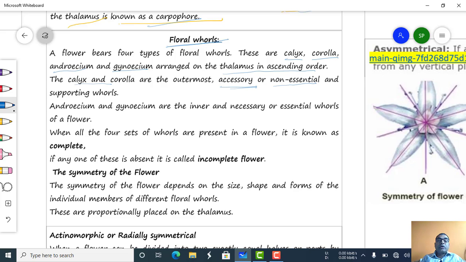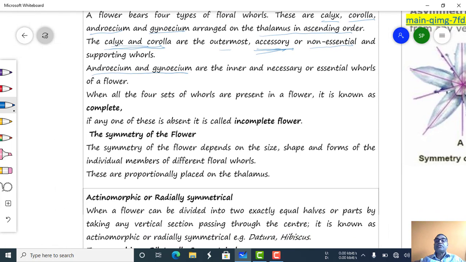So the outermost whorls, calyx and corolla, are generally considered accessory or non-essential whorls, and they are supportive in function, while androecium and gynoecium are inner and are considered necessary or essential whorls of the flower. Why are they called essential whorls? Because they are reproductive whorls. Androecium is a male reproductive whorl, while gynoecium is a female reproductive whorl of the flower.